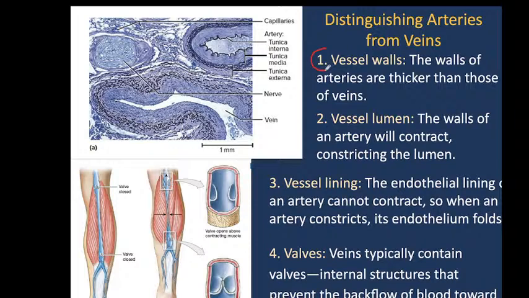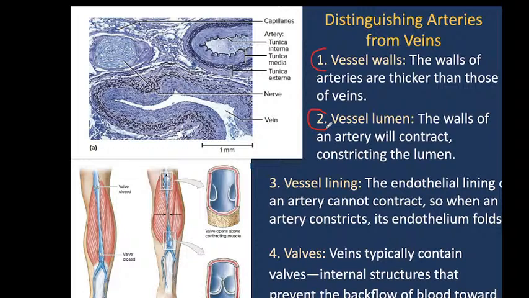The second option is that the wall of an artery will contract, but the veins usually don't contract. It is not possible to narrow the lumen, which is the space between walls in the vein, and usually veins are not contracting vessels.